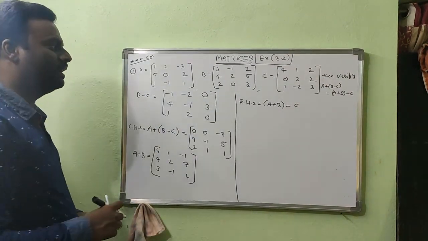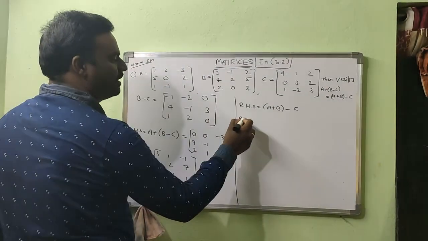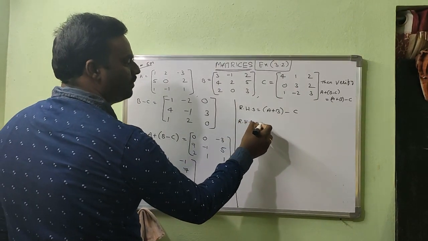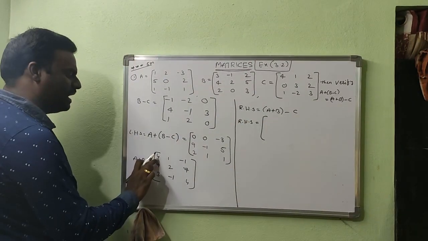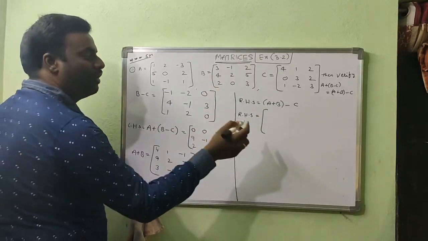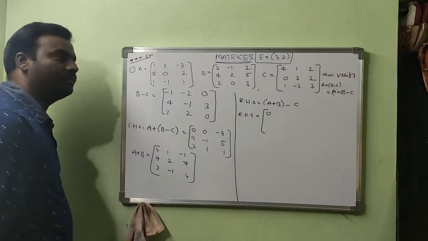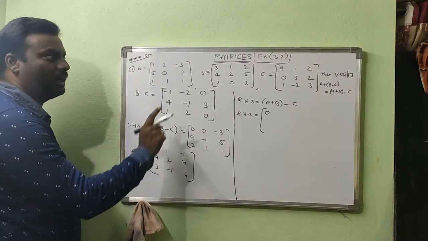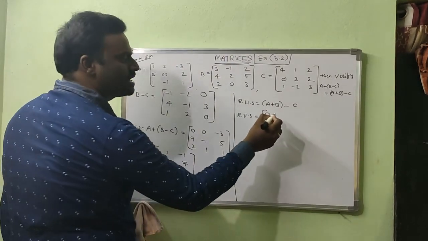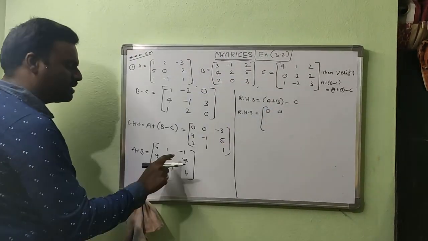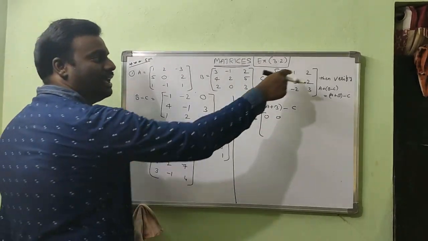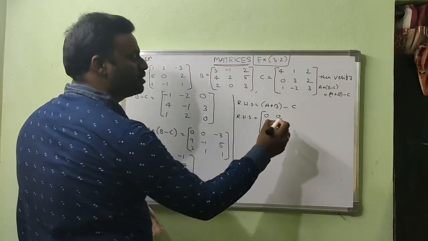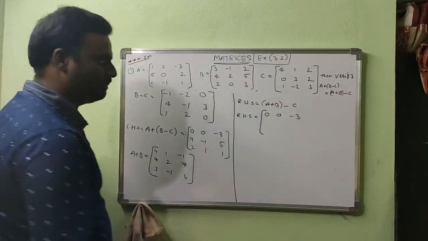Now I am doing subtraction for these two. What is the first element here? 4. Here 4. 4 minus 4, 0. What is the second element here? 1. Here 1. 1 minus 1, 0. What is the third element? Minus 1. Here 2. Minus 1 minus 2, it becomes minus 3.